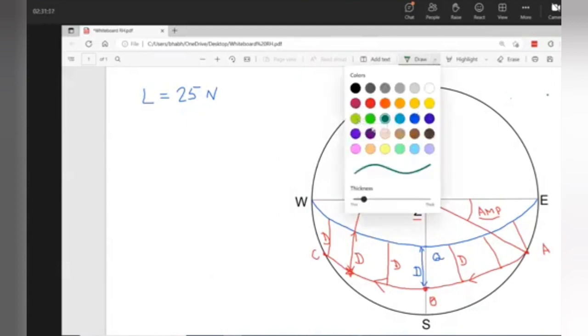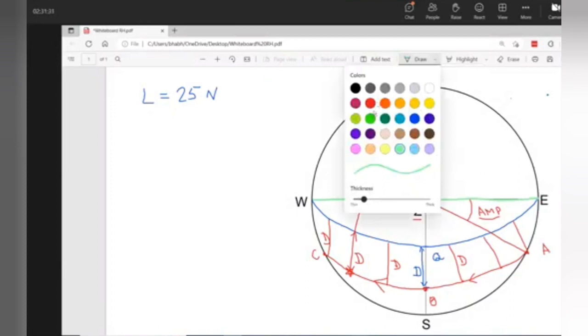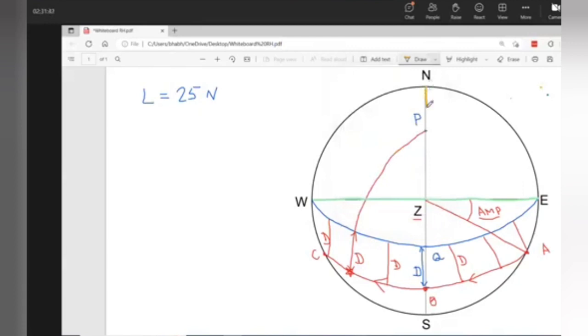Let us pick up green color. Beta, this green-colored vertical circle WZE that you are seeing, this is the prime vertical circle, WZE. And there is one more vertical circle, which I'll show you as well. Let us mark it in yellow. The second important vertical circle is this one, NZS. What do you call this? Principal vertical. Very good, beta. This is called the principal vertical circle. The yellow one, NZS, is the principal vertical circle. The green one, WZE, is the prime vertical circle.